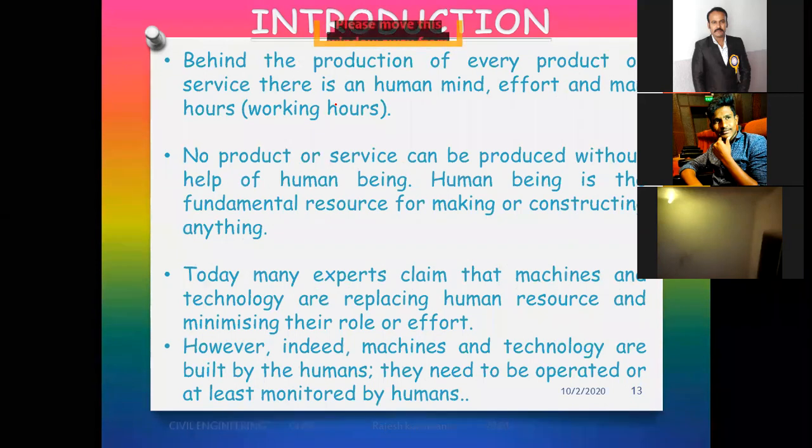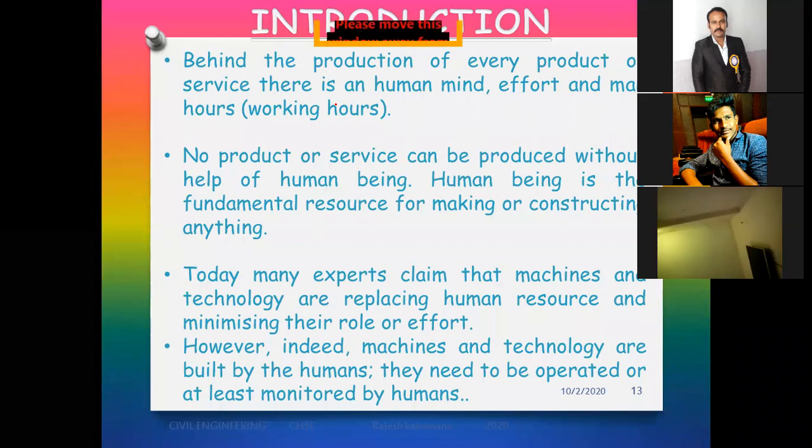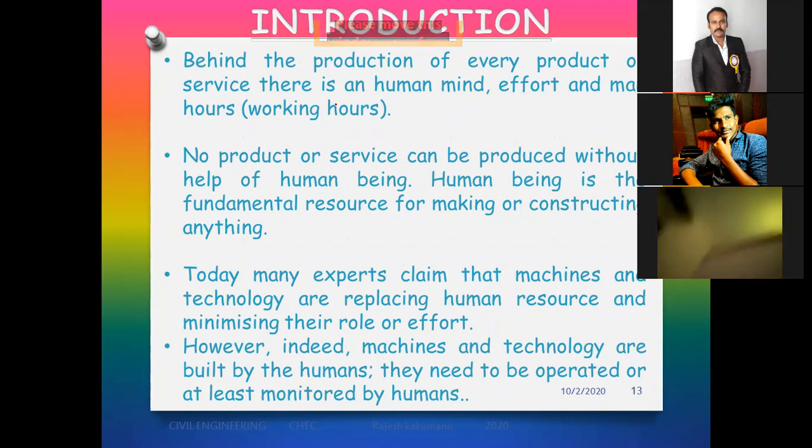With the word itself it is saying, human resource management means we require humans to work in some place. If you take a school, there also you have HRM, but in some firms we don't have departments or cells.